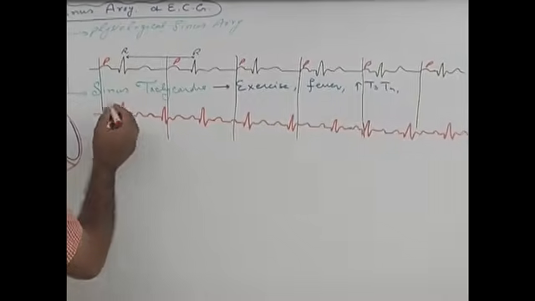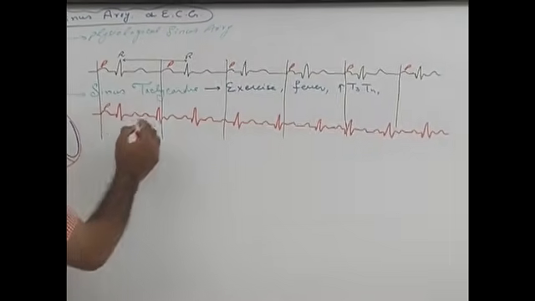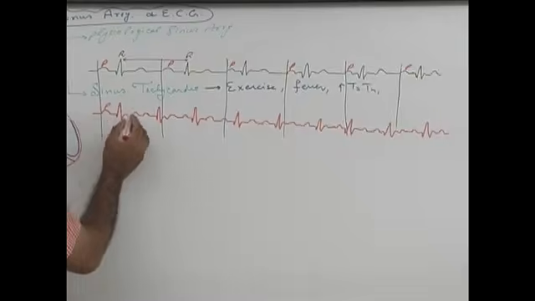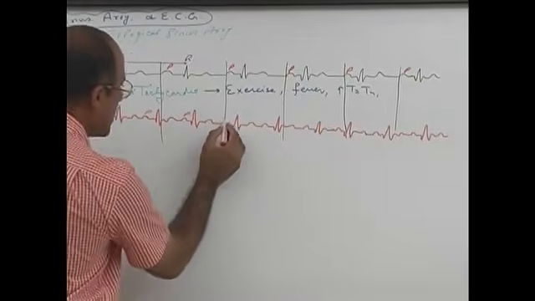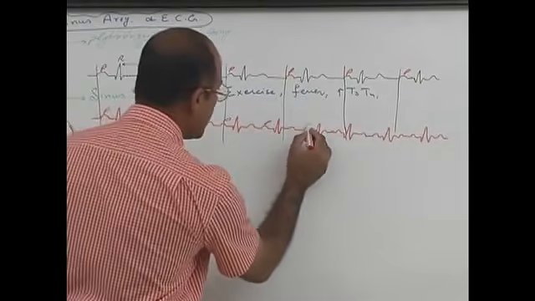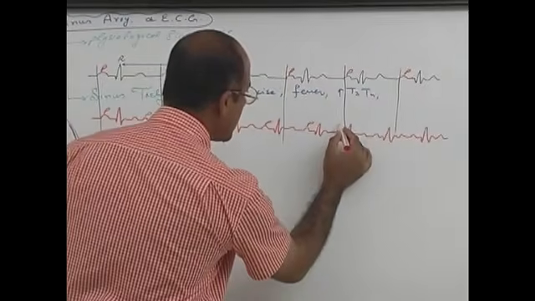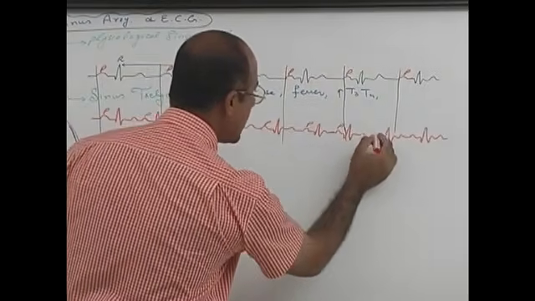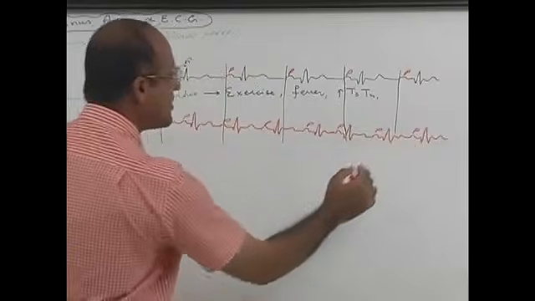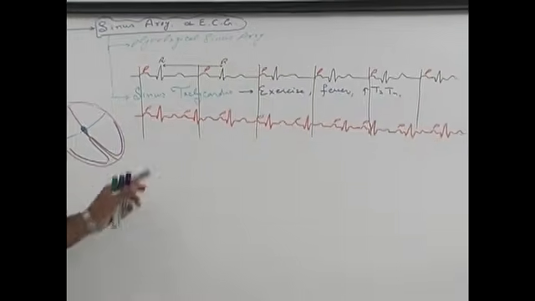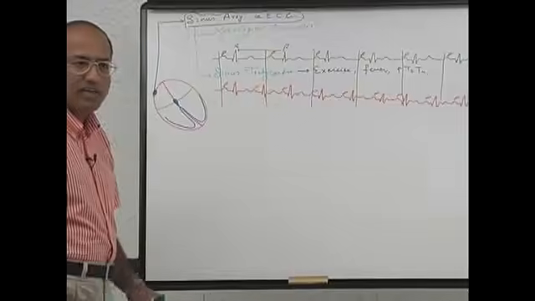But if you look at this situation where there is sinus tachycardia, we find 1, 2, 3, 4, 5, 6, 7, 8 and 9 P waves, of course followed by the QRST complexes.